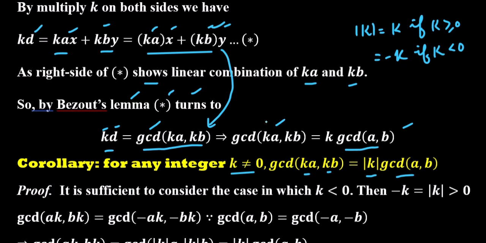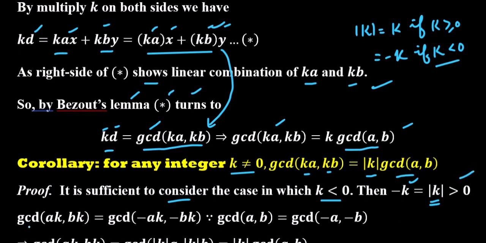The case of positivity of k we have discussed here. So now we will show the result also holds for negative k. So it is sufficient to consider the case in which k is negative. So when k is negative, its absolute value will be equal to minus k. But you know absolute value is always positive, so absolute k is greater than 0.